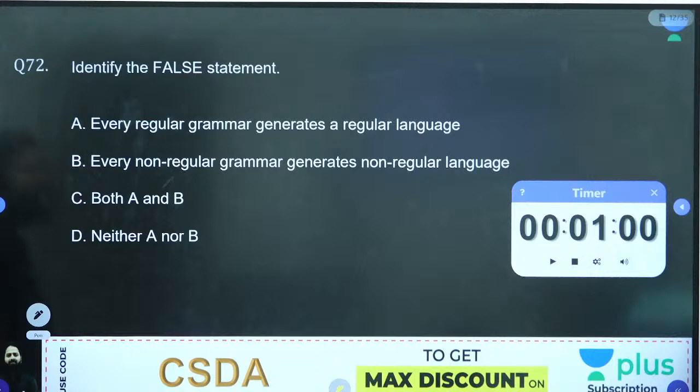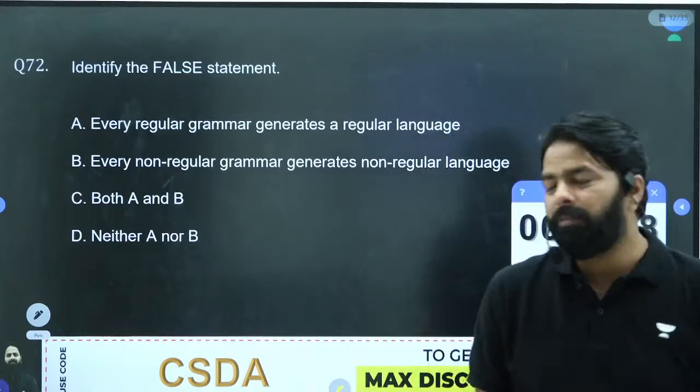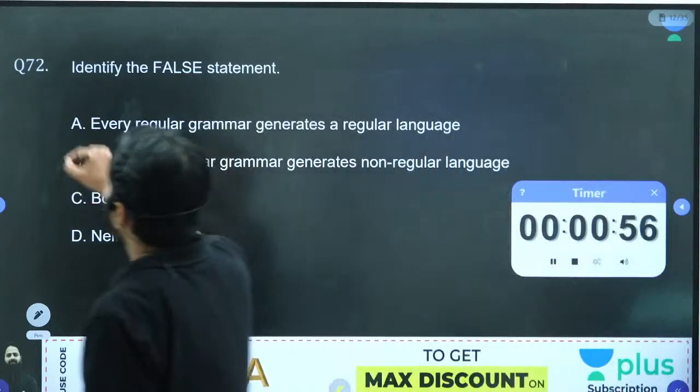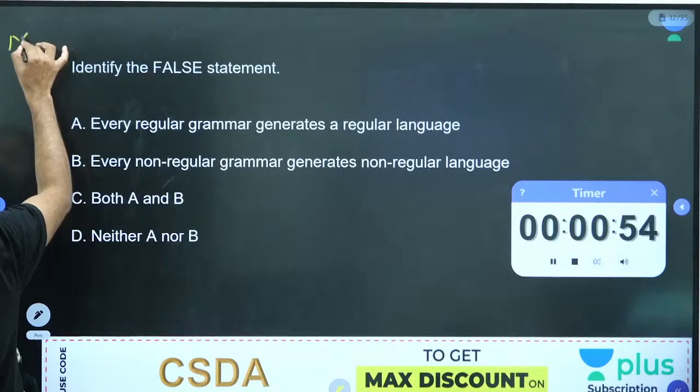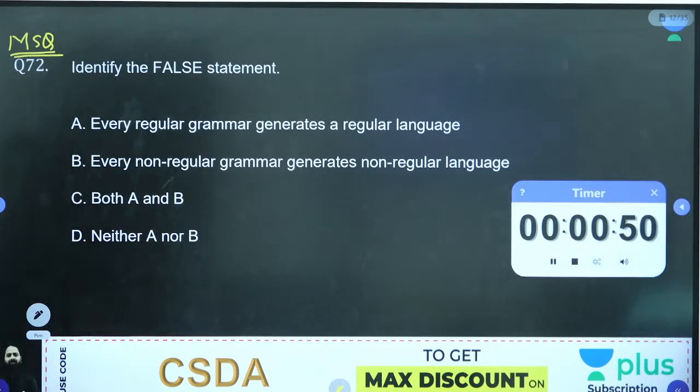Identify the statement. There is a high probability that you may make a mistake because it is MSQ. The reason is you need to spend more time understanding what you need to do.